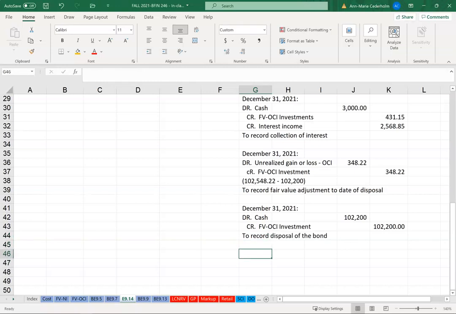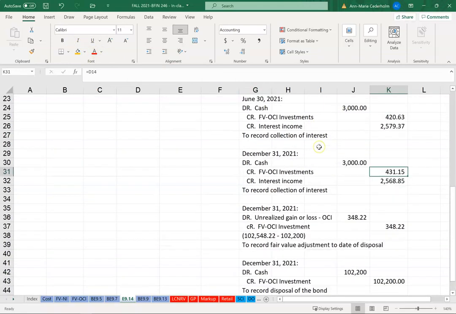Okay, now the last thing that I need to do is reclassify my accumulated OCI into retained earnings, because now I've derecognized this bond. And so I'm basically talking about, I'll just highlight them in red. So let's see here.